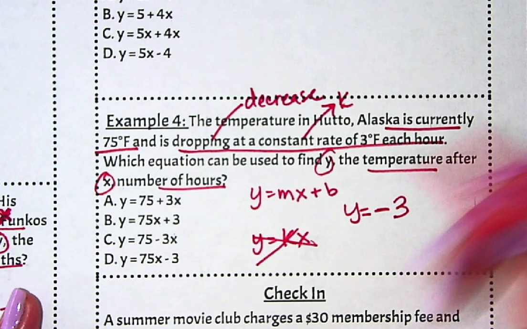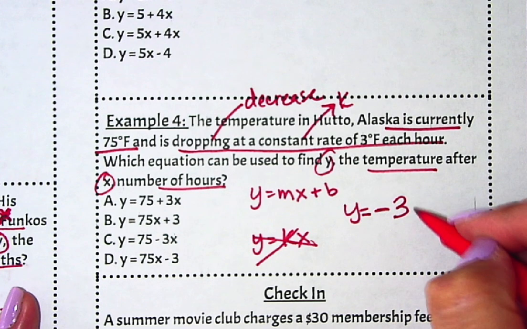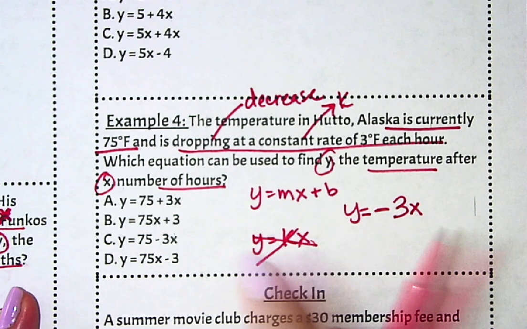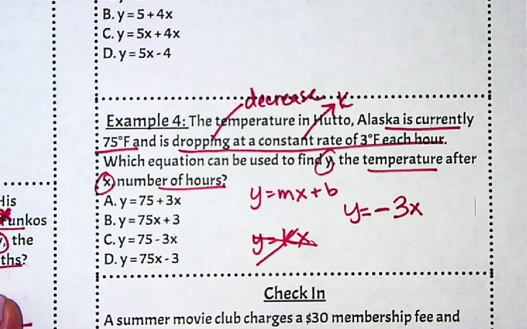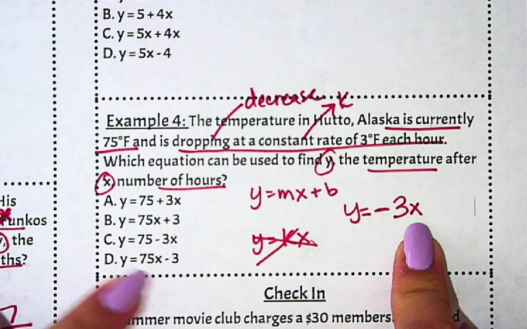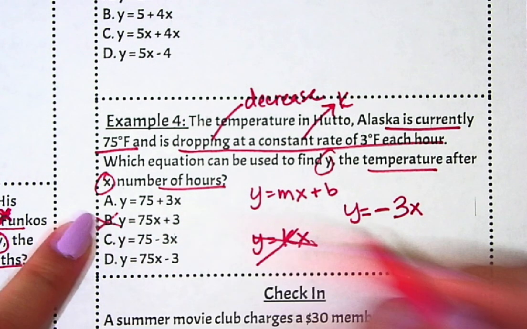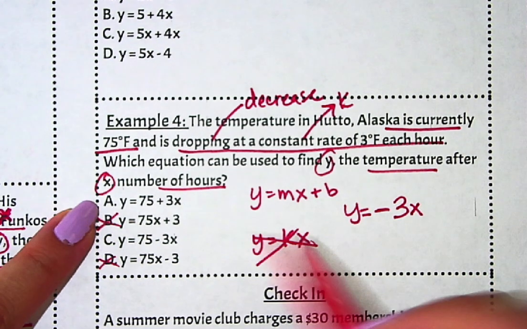Okay, so I can look back at my answer choices. Oops, forgot my x, because this is my slope. So I can look at my answer choices and I can already see that I can eliminate 2, the ones that don't have negative 3x. So I can eliminate B, I can eliminate D. Actually, I can eliminate one more.